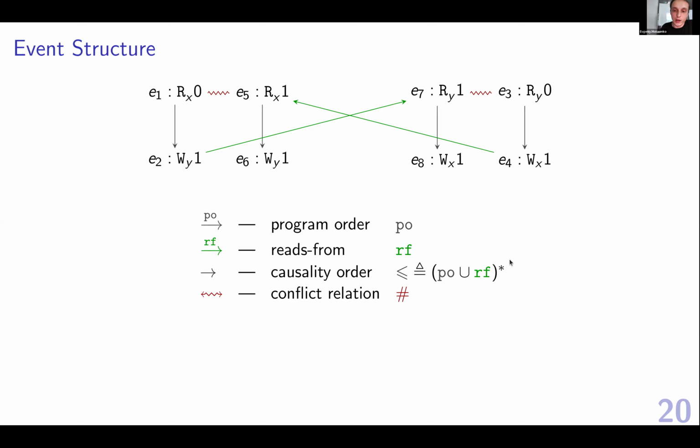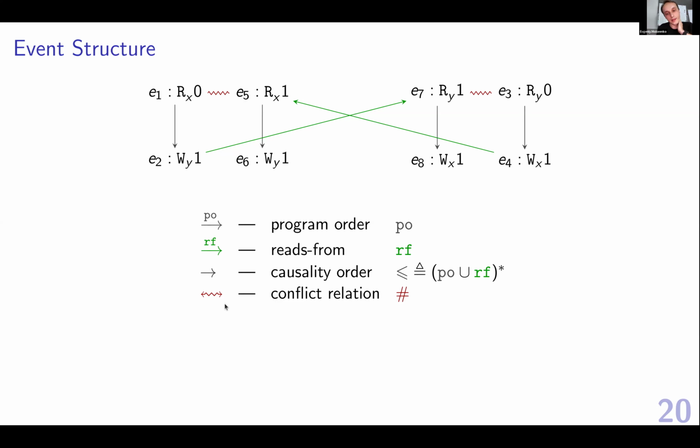For our special case of execution graphs, we take the causality order to be the union of program order and reads-from, and we take its transitive closure. So it's a transitive relation. For example, this event E7 causally depends on events E2 and E1.